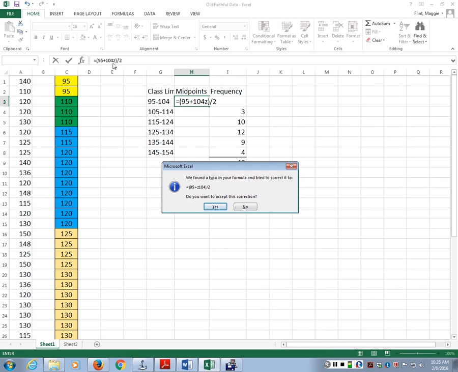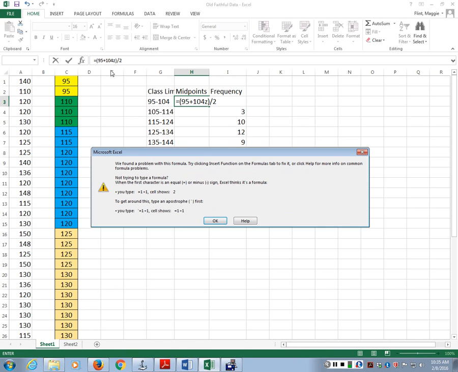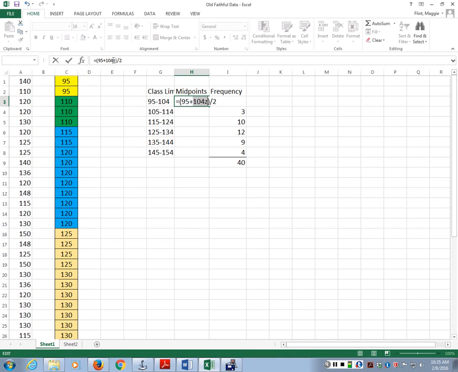Cancel out of that, take that Z out of there. That was a typo. It says the first one's 99.5. And since I know my class width is 10, the next one is 109.5, 119.5, 129.5, 139.5, 149.5.